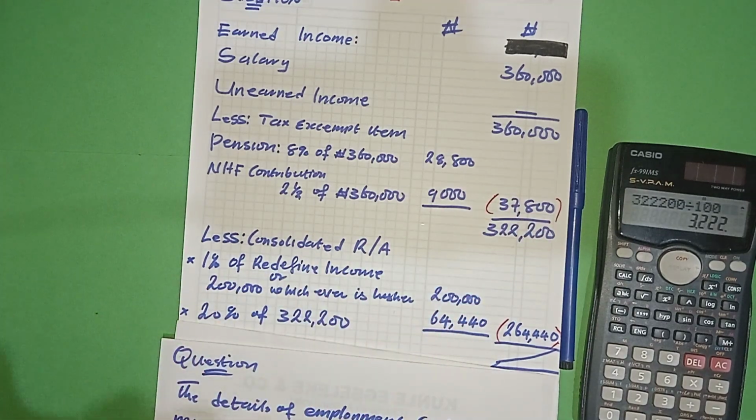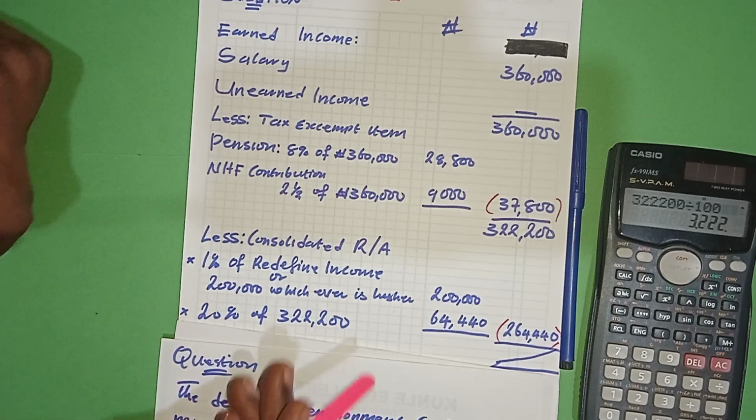The Consolidated Relief Allowance is 1% of the redefined income, or 200,000, whichever is higher. First, you pick 200,000. Then the second relief allowance is 20% of your redefined income, which gives us 64,440.